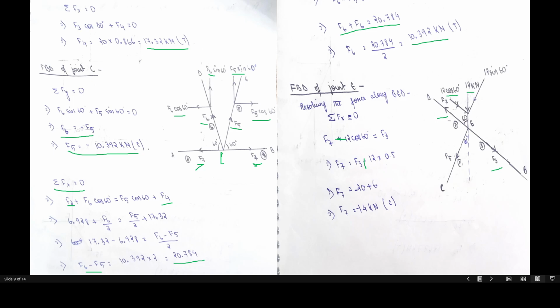And then F7 will be equal to F3 plus 6. We already got the value of F3 as minus 20. So the value of F7 will be equal to minus 14 kilonewton. And since it's negative, we can simply write it's in compression.